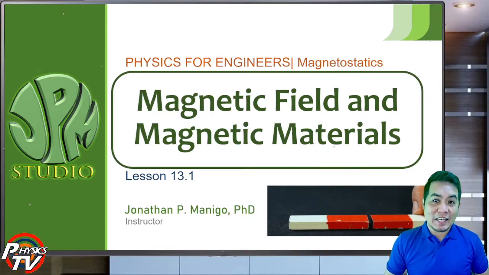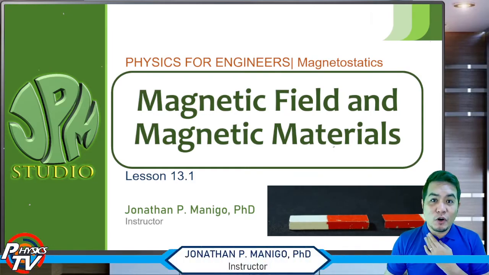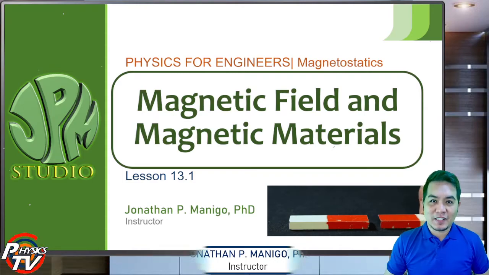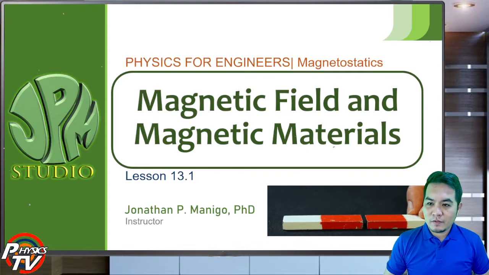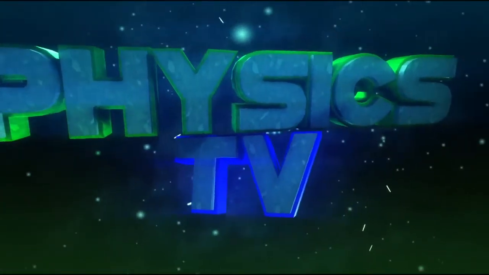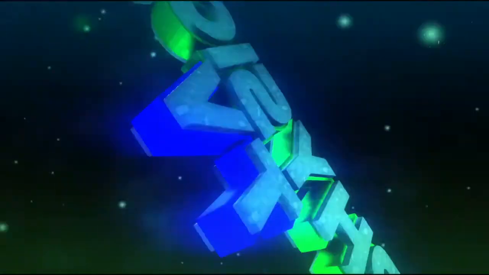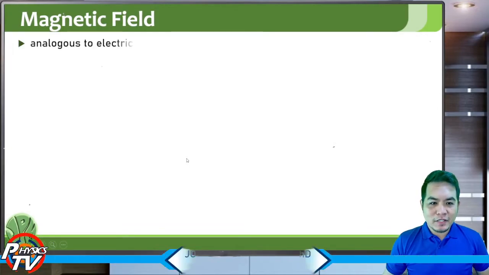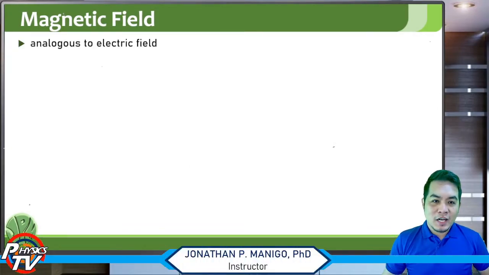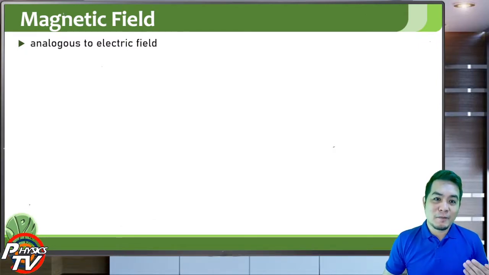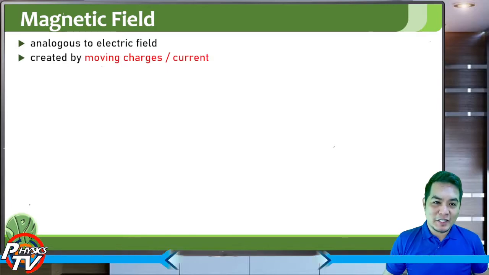So if there is an electric field in electrostatics, there's also what we call a magnetic field in magnetostatics. A magnetic field, similar to an electric field, is analogous. It's the field version of an electric field in magnetism.